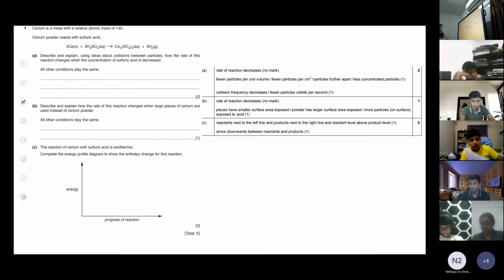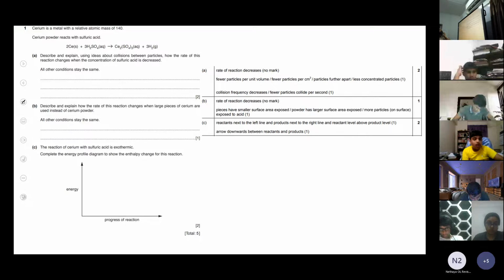Next, describe and explain, using ideas about collisions between particles, how the rate of this reaction changes. The rate of reaction decreases. When we do the experiment and they ask why the rate decreases with time, just saying the rate decreases with time gets no mark, it's the obvious thing.